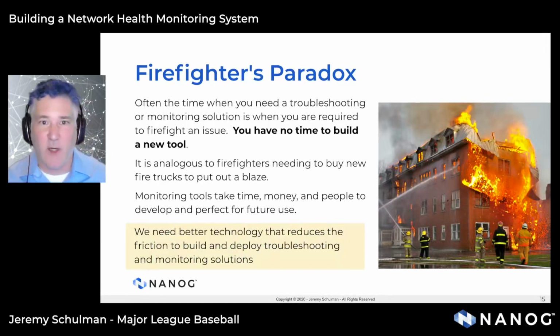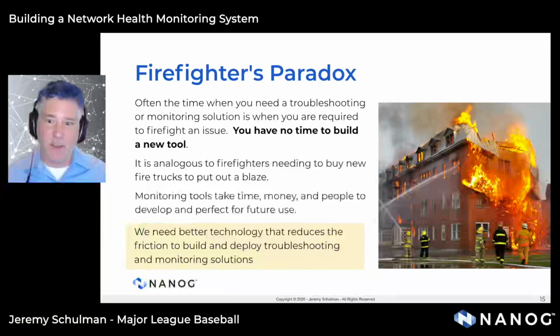And so what I'm always looking for is better tools or better technology that reduces the friction from the point of going, oh my God, I have a problem in my network and I need a monitoring tool to keep an eye on it for the next time, and get that done quickly and efficiently so that in the future we've got that tool at the ready. You can't look at a problem and say, well, gosh, I had this problem and it's going to take 2 months to have a solution, because you might have that problem again in a week or in a day.